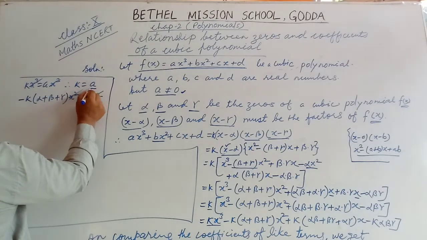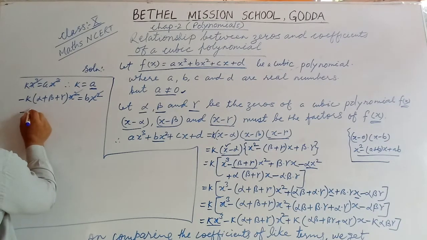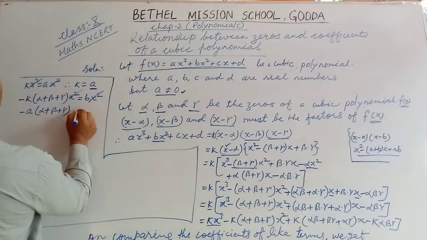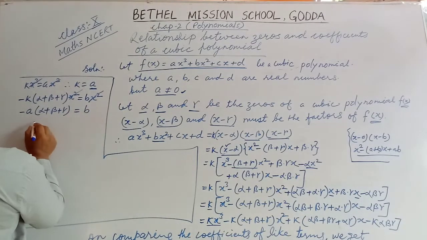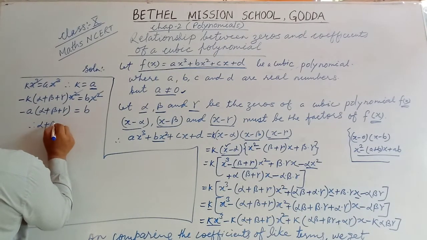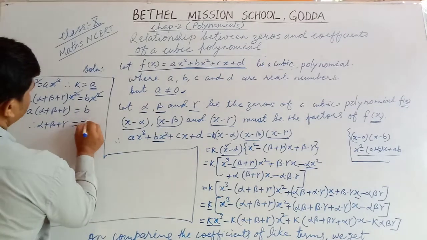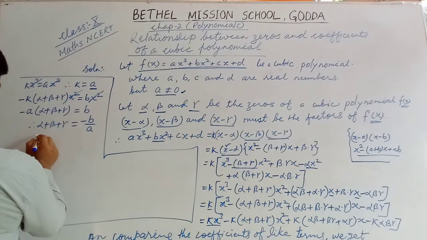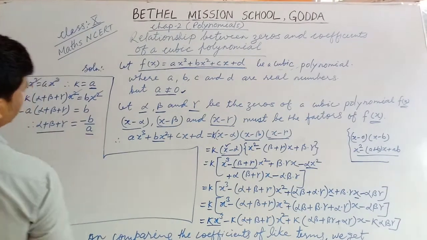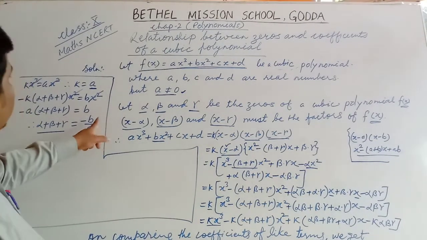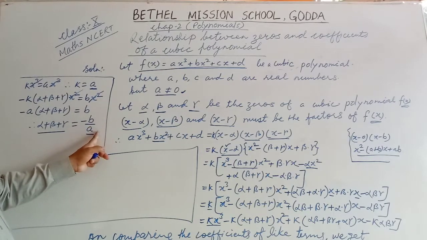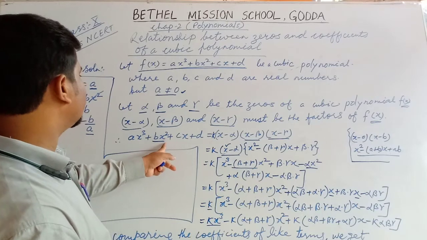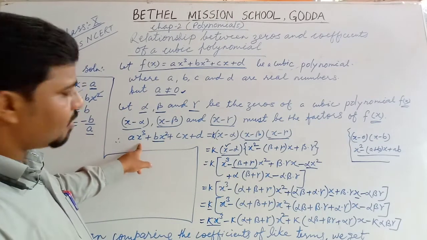Then k equal to a, we will replace k, minus a alpha plus beta plus gamma equal to b. Therefore alpha plus beta plus gamma equal to minus b upon a. So this is the relation. Means sum of zeros of the cubic polynomial will be minus b upon a, and you know that b is coefficient of x square and a is coefficient of x cube.